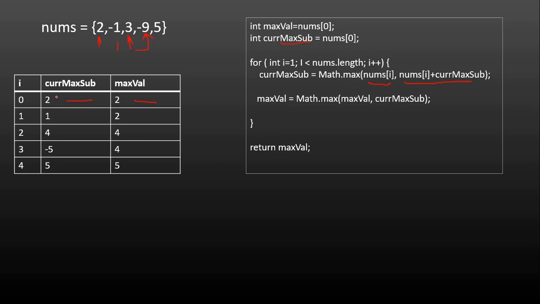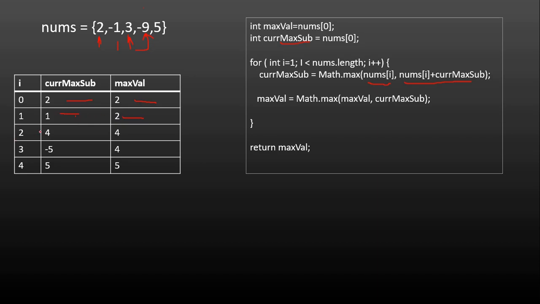My current max sub earlier was 2, so it will be 2 plus -1. So my current max sub becomes 1, and in the maxwell I will compare and check which one is the maximum between maxwell and the current max sub. Maxwell earlier was 2 and current max sub is now 1. So between 2 and 1 the max is 2. So this is my current value for current max sub and max.